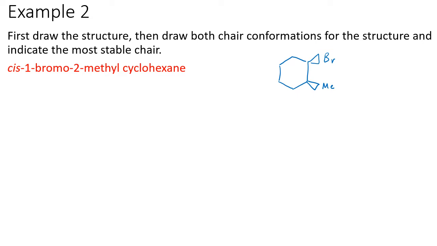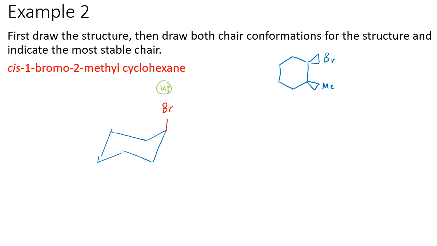Start with our cyclohexane chair. And we're going to have 1-bromo, and we can choose where we put the first one. We know they both have to be on the same face, but at 1 I'm going to put my bromo axial, and then 2-methyl. Now methyl has to be pointed up because I pointed my bromo up.